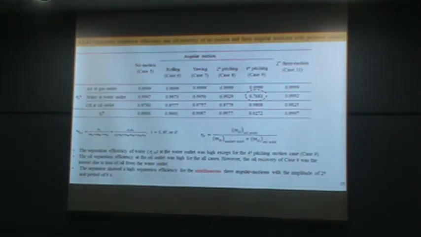Now we compare the separation efficiency and oil recovery of no-motion and ship-motion cases with pressure control. In this table, we can see the separation efficiency of water at the water outlet is normally high, except for the 4 degree pitching motion.